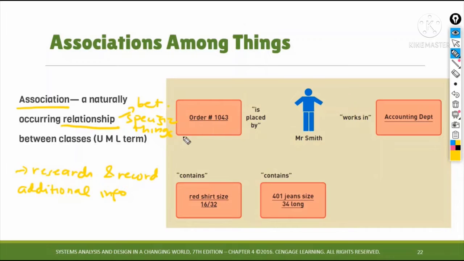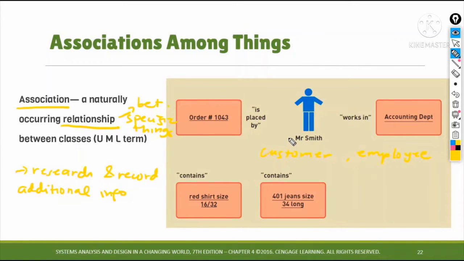So an association is a naturally occurring relationship between specific things, such as, in this example, an order is placed by a customer and an employee works in a department. So this is an example.